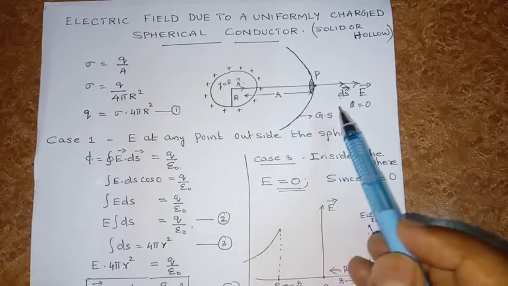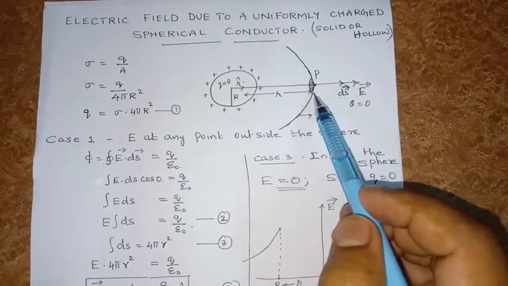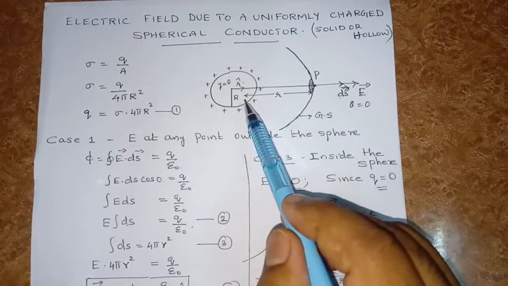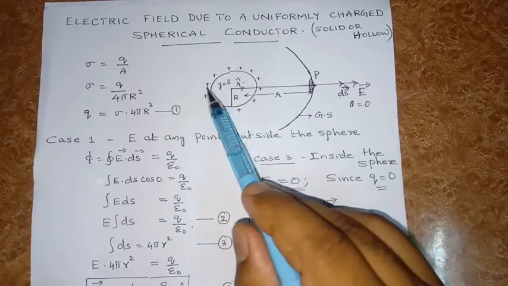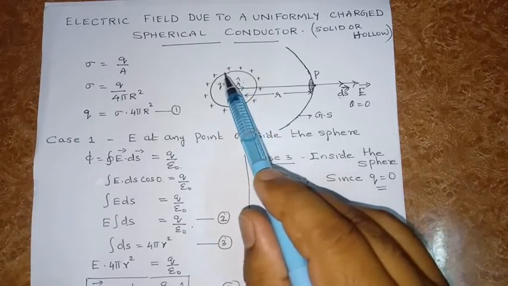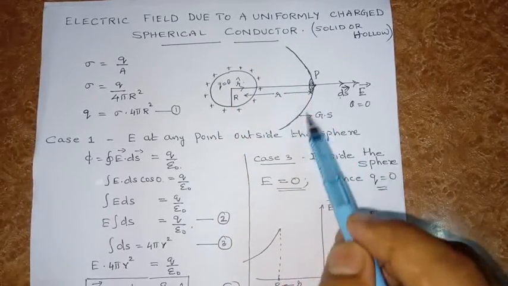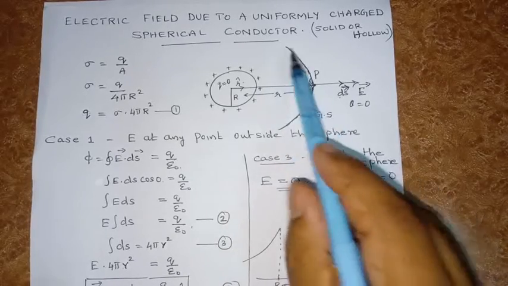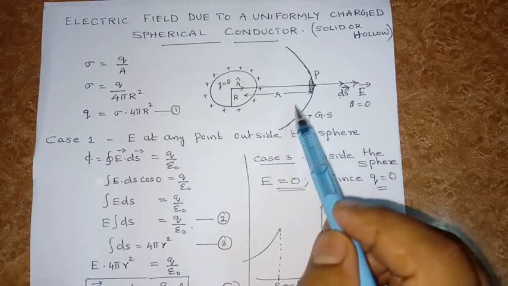Why must a Gaussian sphere be constructed? Because the charge distribution inside is spherical in shape. Therefore, the Gaussian surface also must be spherical in shape. So I constructed a Gaussian sphere.